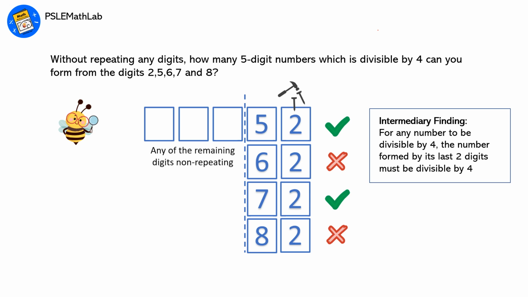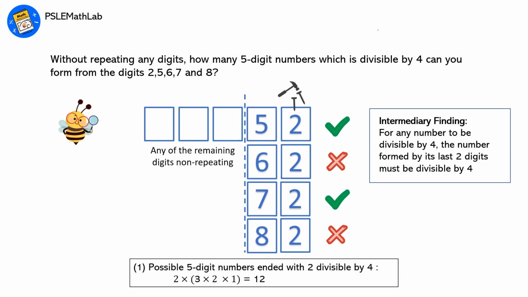We have used up 2 digits already with 3 digits remaining, so filling the 3 boxes in front, not repeating, we would have 3 times 2 times 1 possible combinations. So in total, we have the possible 5-digit numbers ending with 2 that are divisible by 4 to be 2 times 3 times 2 times 1, which is equal to 12.